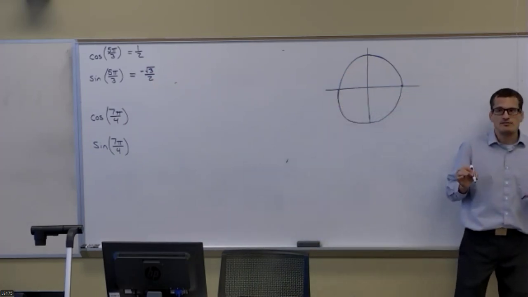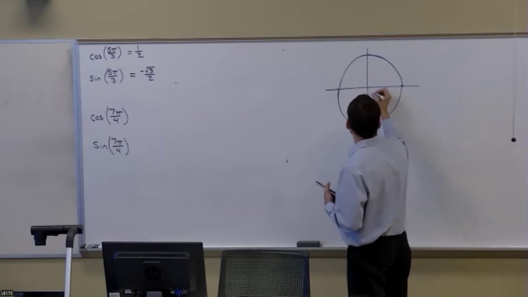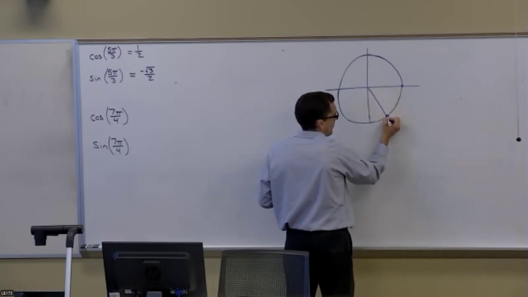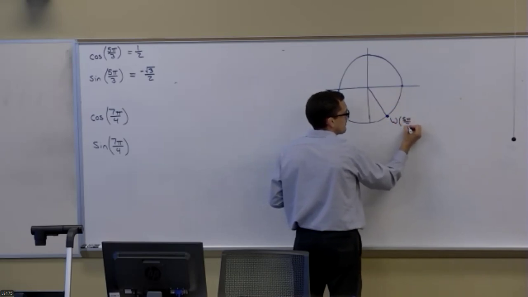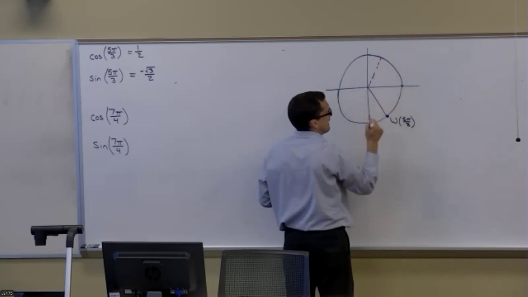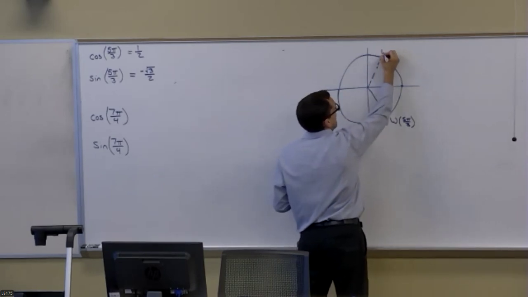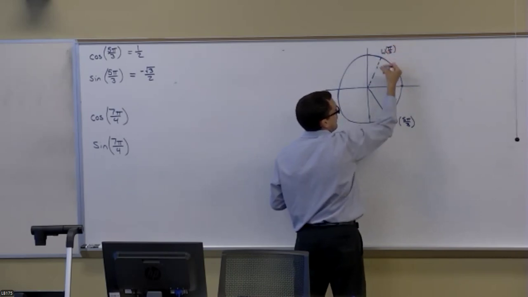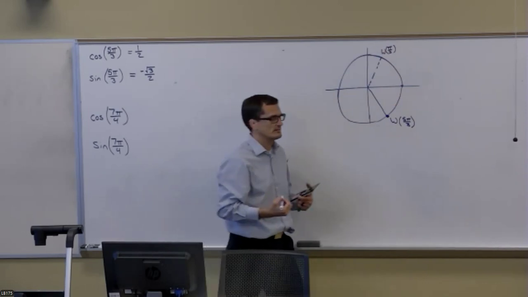We could have said, well, where is 5 pi over 3 with my wrapping function? And we could have said, well, that's like projecting pi over 3, the wrapping function at pi over 3, across the x-axis.